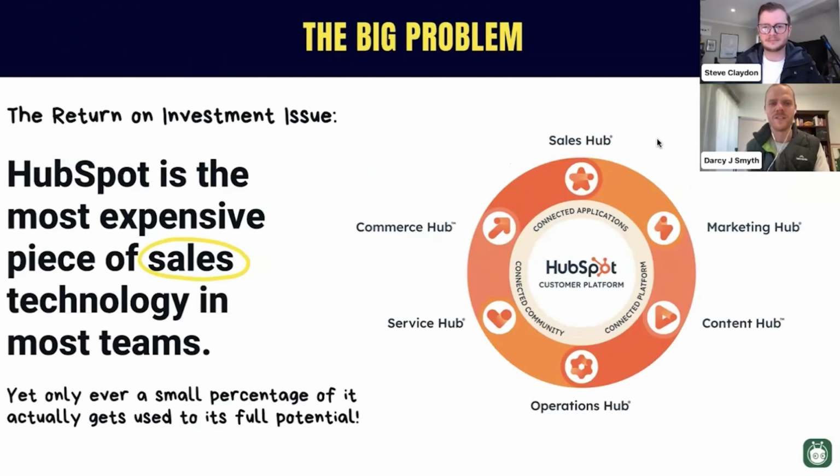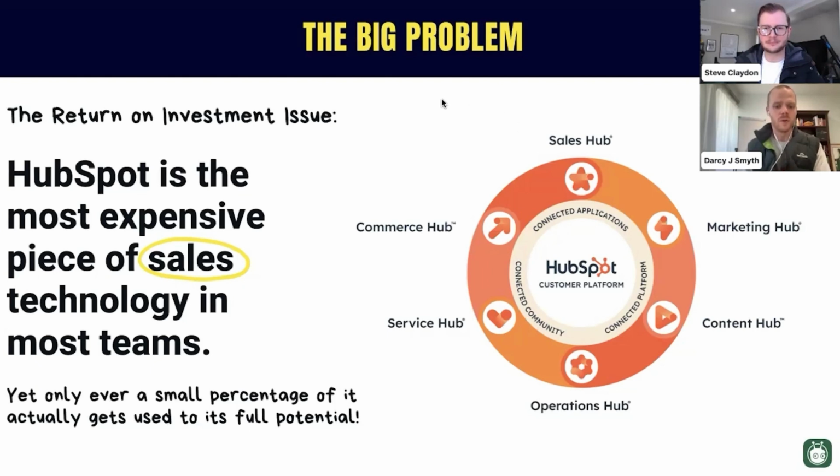HubSpot is not cheap. If you are looking at implementing a CRM, there's two major players at the top of it all, which is HubSpot and Salesforce. Neither of them are purchased because you're looking for the cheapest one possible. Let's just put it that way.